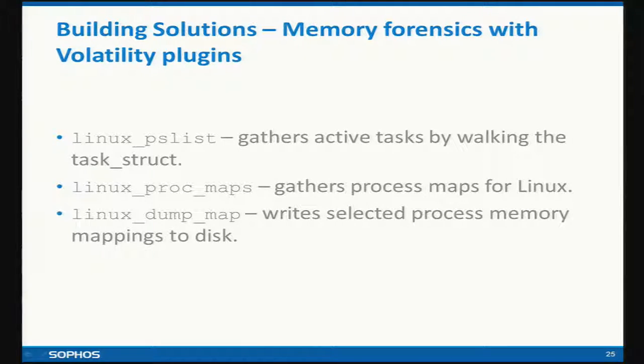It holds outstanding features such as being open source, Python-based, with an extensive and scalable API. It pre-ships with a lot of useful plugins for Android, including linux_pslist, linux_proc_maps, and dump_map. All these plugins are used in the next slides.